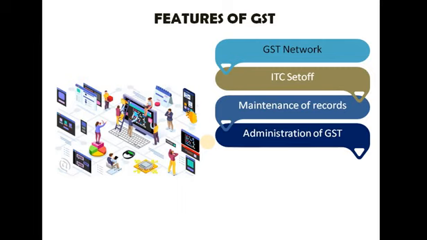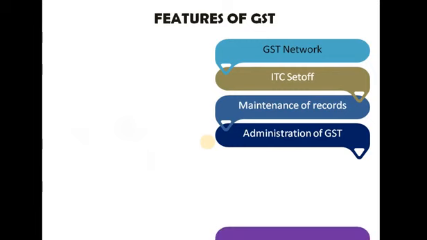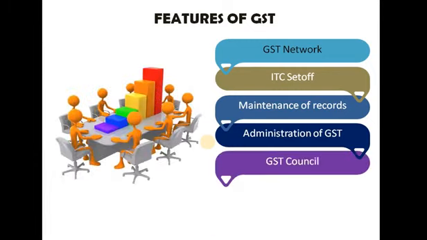So the decisions taken by the GST Council will be from the point of view of both central and state. Any amendments, how exactly the administration should go on, how the guidelines should be, will be given by the GST Council. How exactly the registration process or administration should go on will be decided by the GST Council.